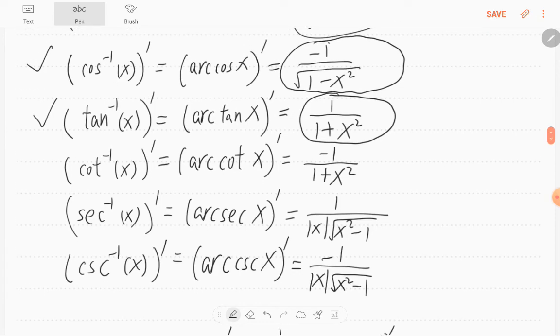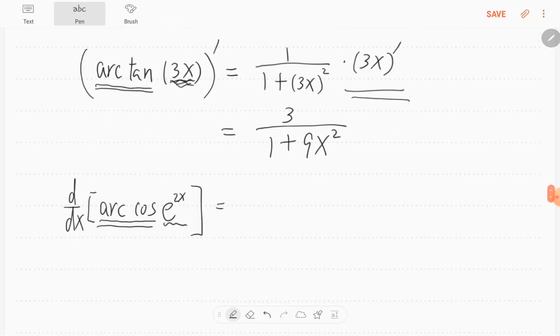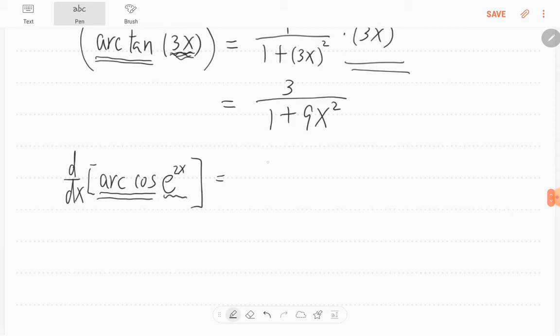Here it's not x, it's e to the 2x, so we plug in e to the 2x and square it. But we cannot stop here, because we need to multiply by the derivative of e to the 2x.